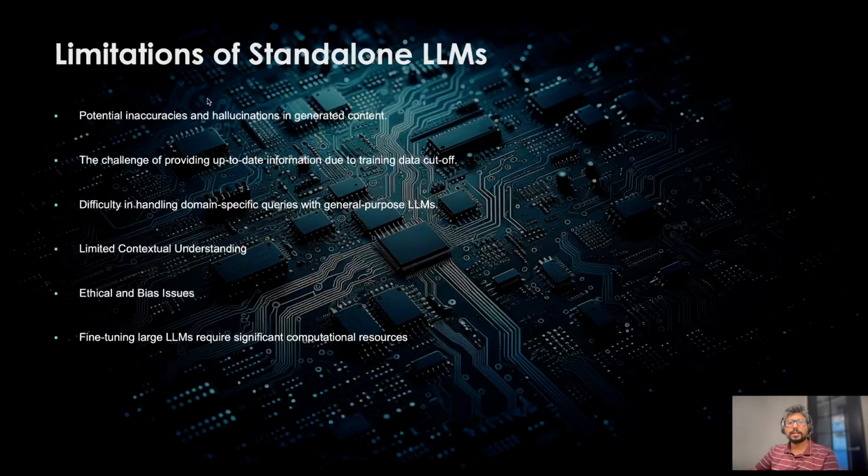This can be problematic, especially in applications requiring precise and reliable information. Secondly, the LLMs struggle with providing up-to-date information because they are trained on data available up to a certain cutoff point. Any developments or changes that occur after the point won't be reflected in their responses.